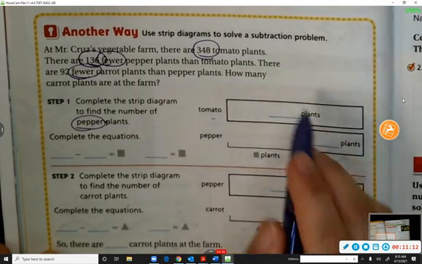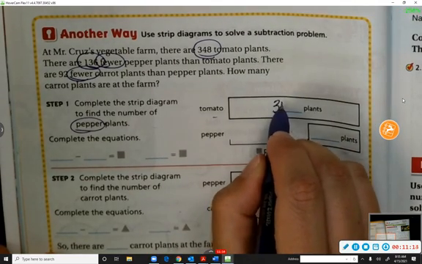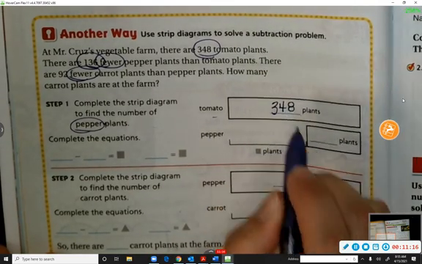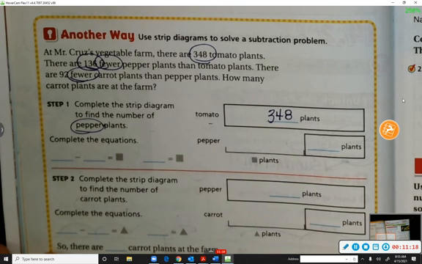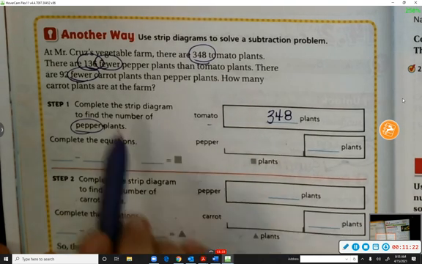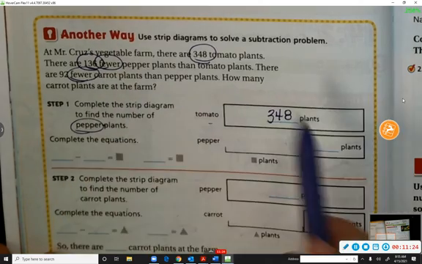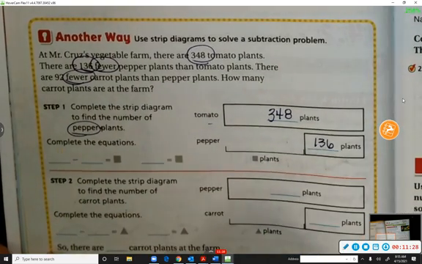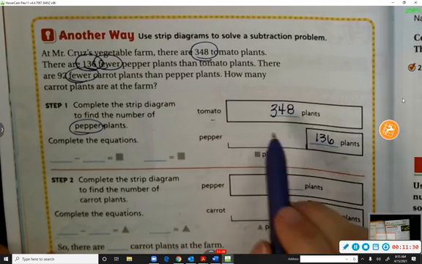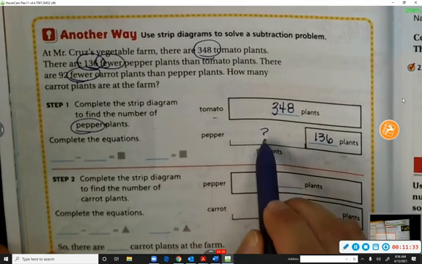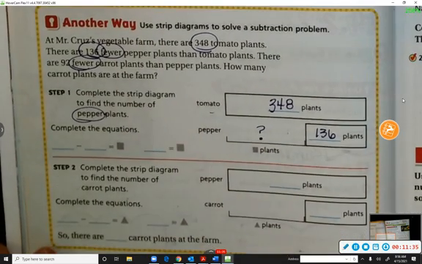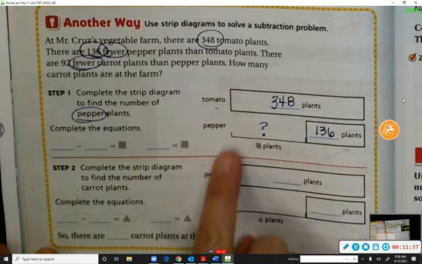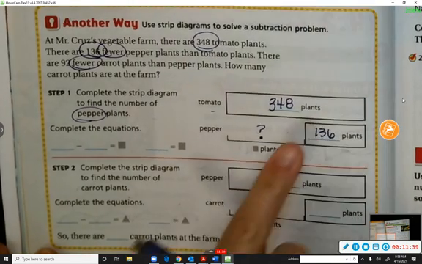So the tomato is our total, 348. And we know there's 136 fewer. Okay, so how are we going to find this missing piece? Usually when you have a missing piece, it means to what? Subtract.